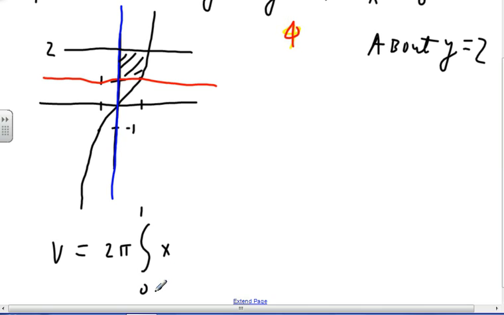0 to 1, y. That's not 0 to 1, y, though. I'm going to go 0 to 2, y. And then the whole thing is going to be, oh, bummer.